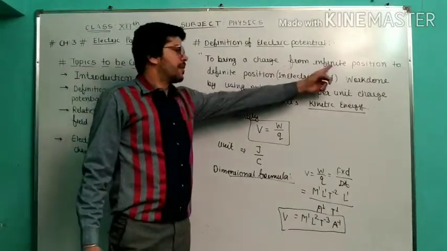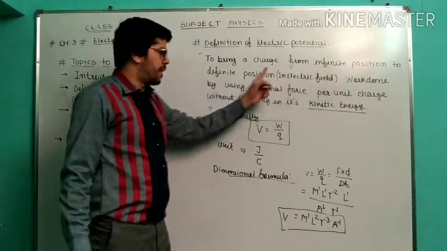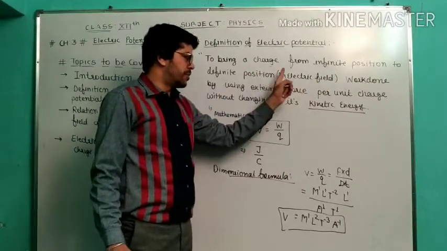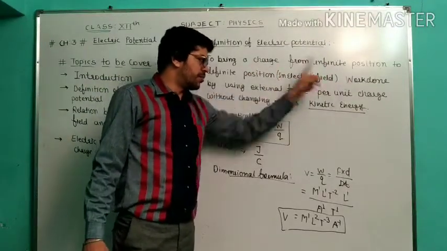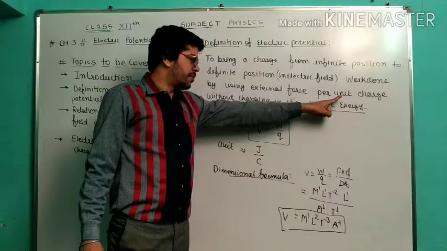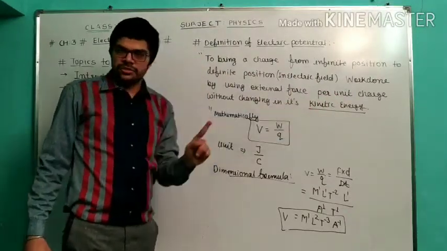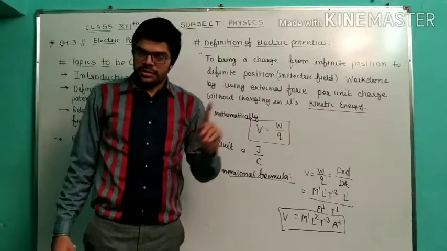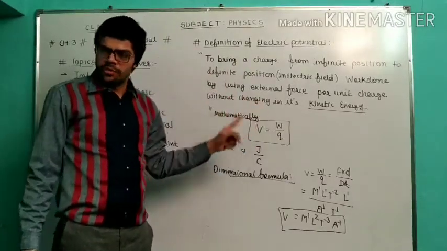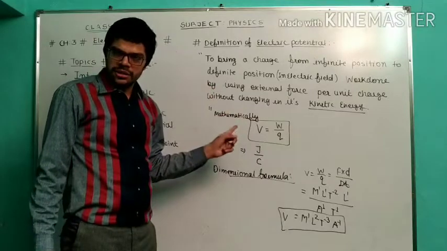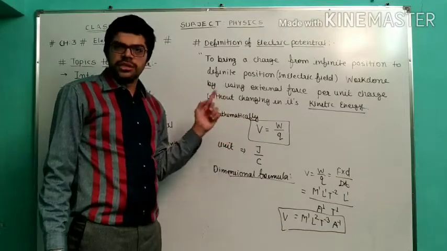So already we talked about these things in detail. Again I am telling you, we are bringing a charge from infinite to definite position in the electric field, doing the work by using an external force per unit charge without changing its kinetic energy, is called what? Electric potential. Mathematical symbol V is equal to W by Q, where V is the potential, W is the work done and Q is the charge.